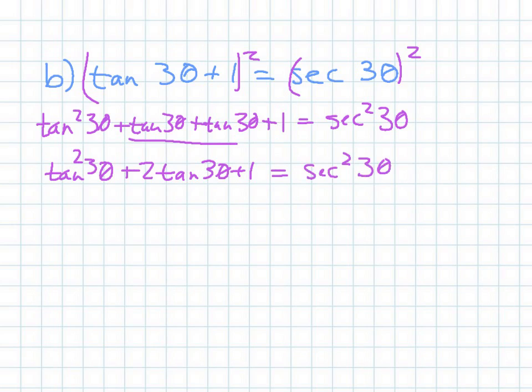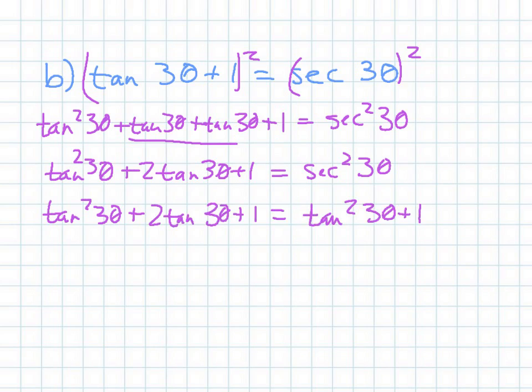Okay? Now I want to insert a Pythagorean identity because I see secant squared 3 theta right there. And so that's the same thing as tangent squared 3 theta plus 1. So let's enter that in. So now I have the ability to put all my like terms together.